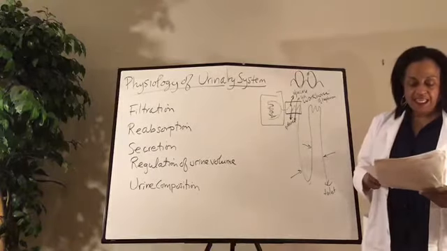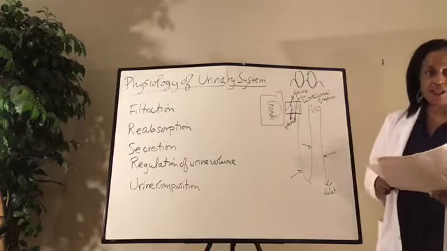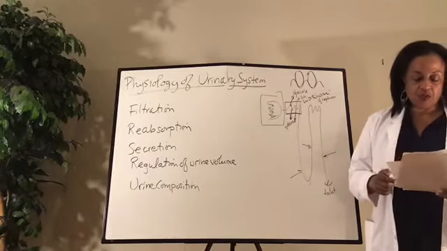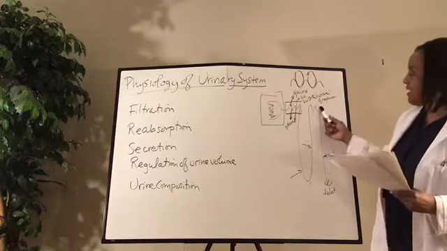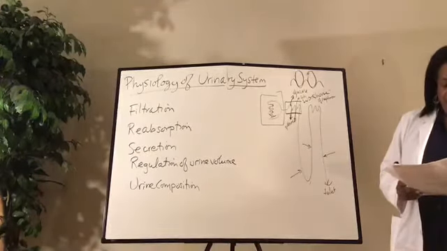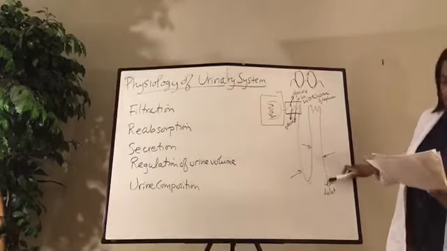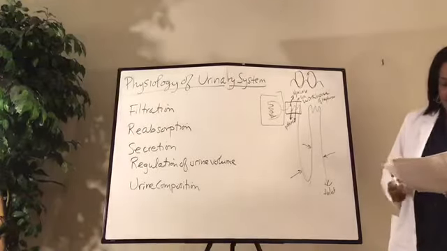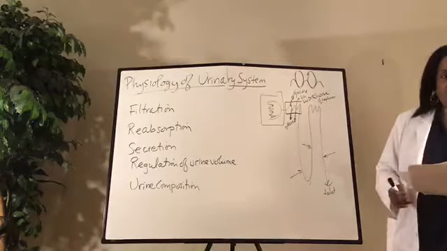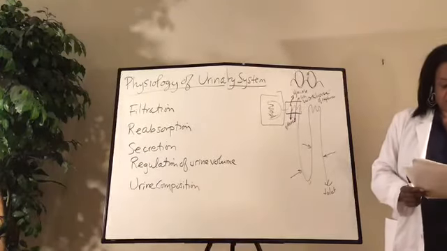The descending limb of the loop of Henle secretes urea via diffusion. The distal and collecting tubules secrete potassium, hydrogen, and ammonium ions. Aldosterone, that's a hormone, targets the distal and collecting tubule here and here and causes increased activity of the sodium-potassium pumps.